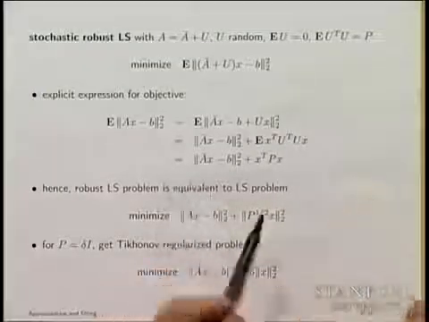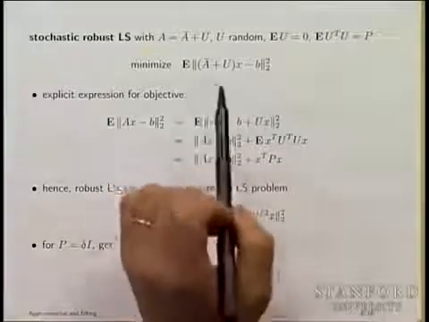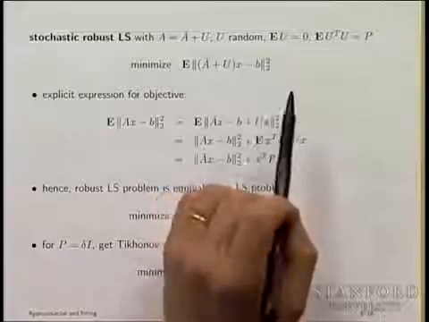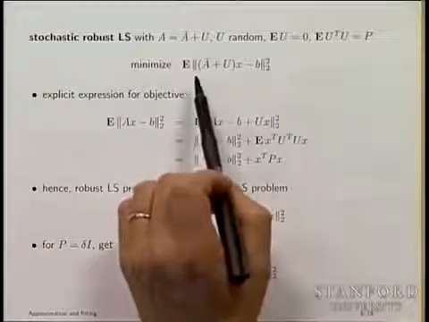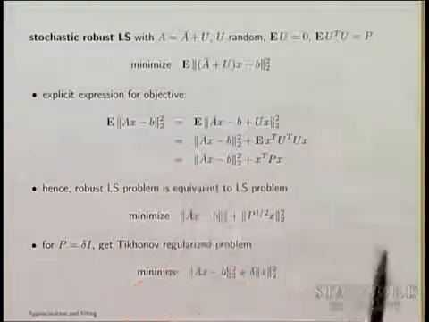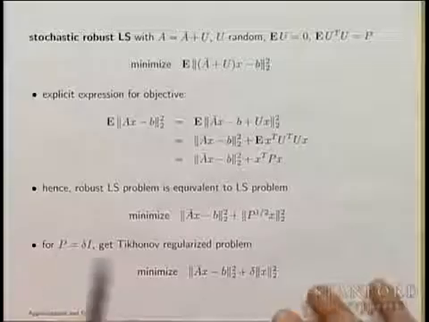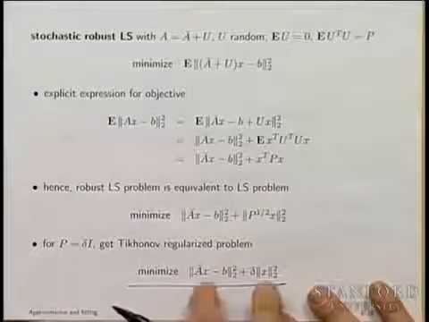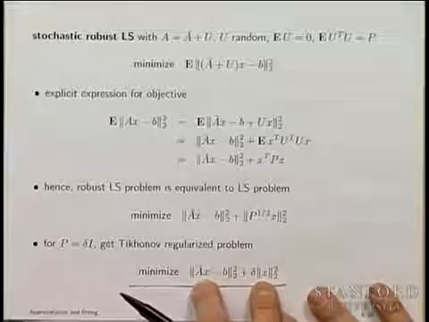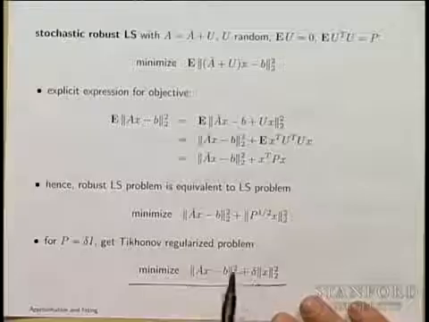And now you see a beautiful thing: if you minimize the expected norm squared, where the expectation is over the matrix A here, then it turns into nothing but Tikhonov regularization. It's quadratic regularization. So you can actually go back and look at Tikhonov regularization. If someone asks you, what are you doing? You could say, well, I'm regularizing. And they'd say, why?